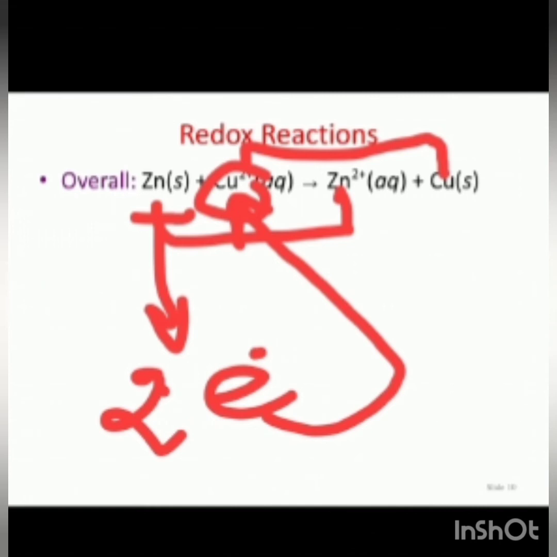Hence, this is the overall redox reaction.